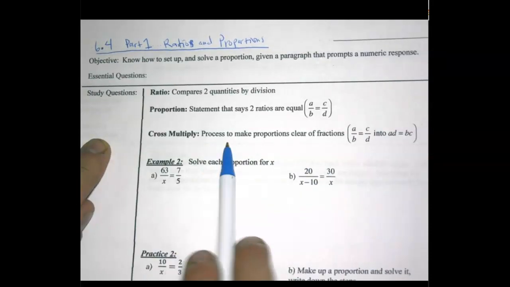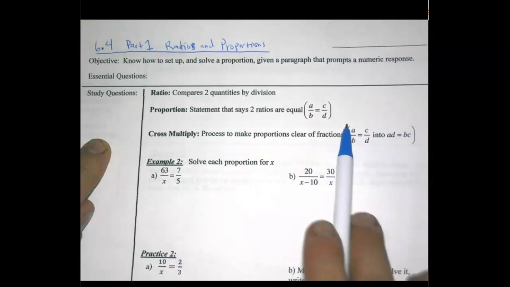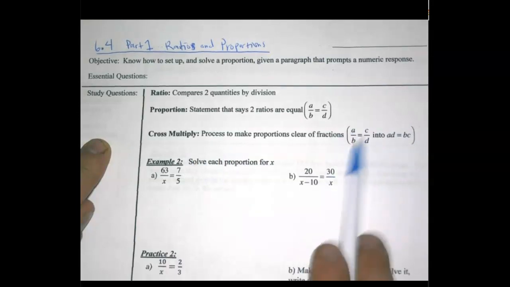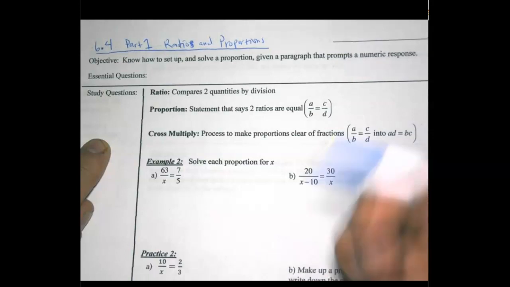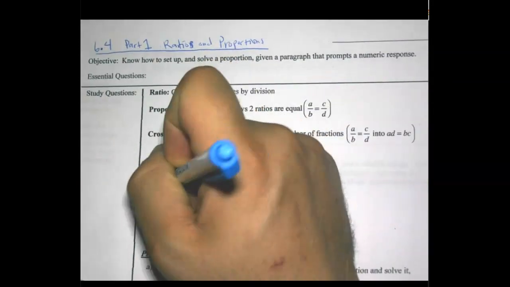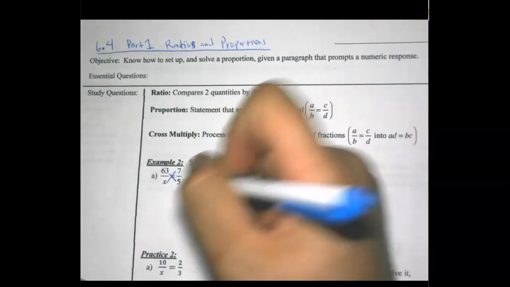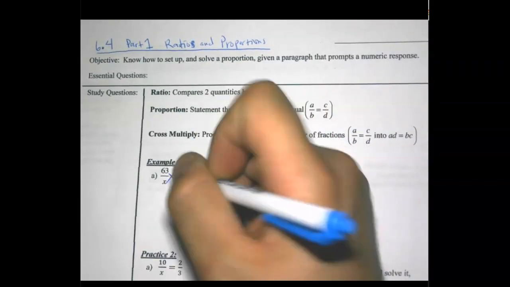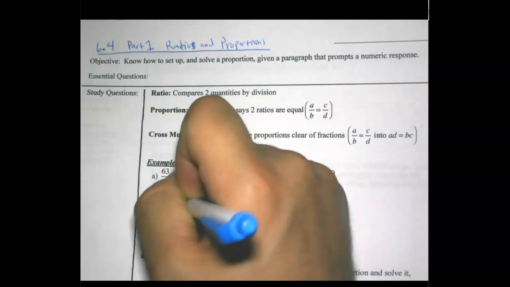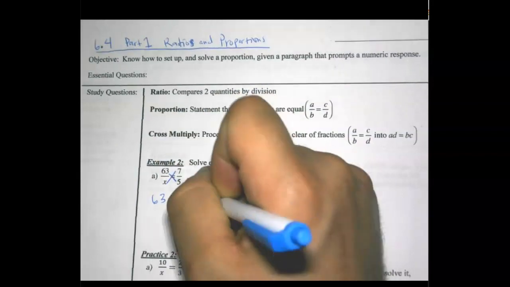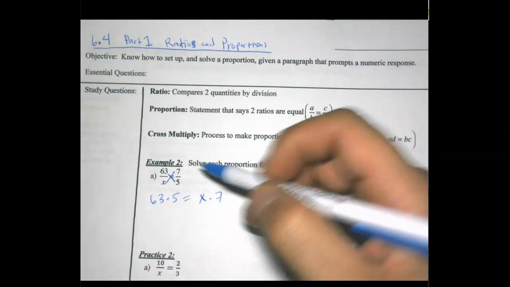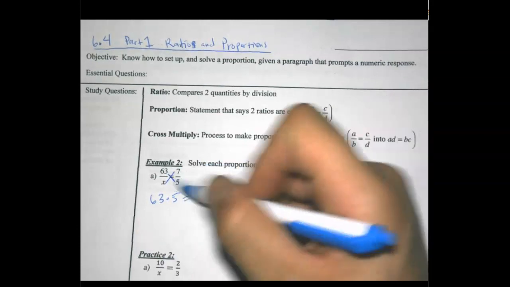And the way we're going to solve that is by cross multiplying. So we're going to multiply a times d in this case, and it's going to equal b times c. So in the first problem here, cross multiplying would be 63 times 5, and that would equal x times 7. You could probably skip this step and just multiply it from the get-go.